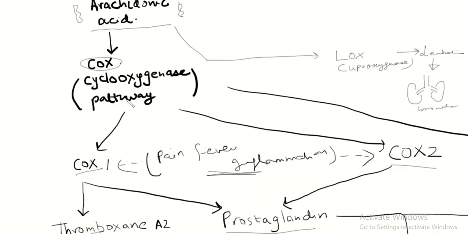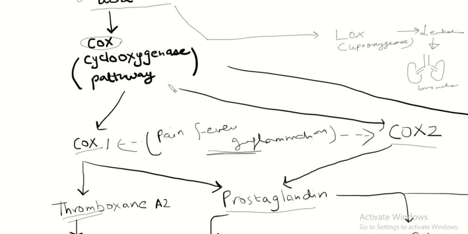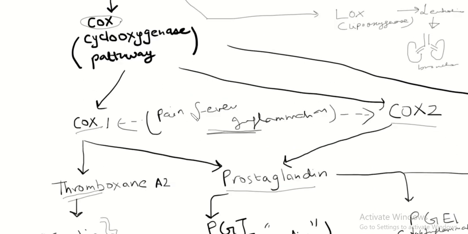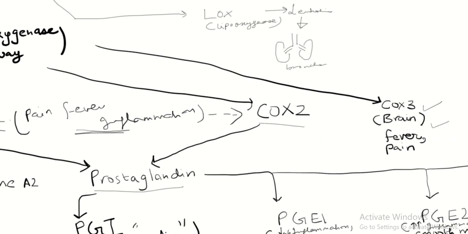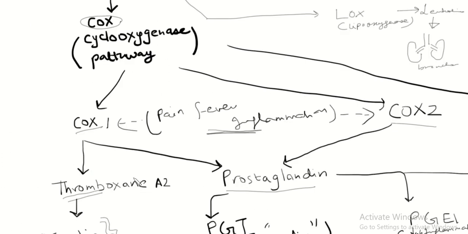Or it can be processed by the cyclooxygenase enzyme and go into the cyclooxygenase pathway. Now that pathway has three subcomponents. The easy one is COX-3, which acts on the brain and gives fever and pain.